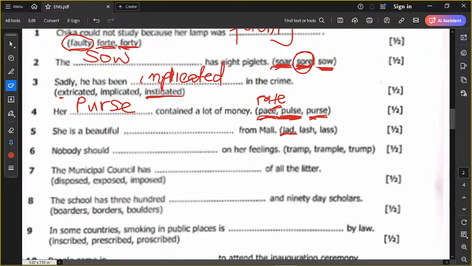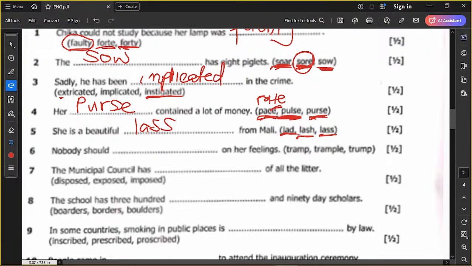Then lash, this is to hit something. Then lass, this is a young girl. Okay, so she is a beautiful lass. So that is the correct answer, lass.